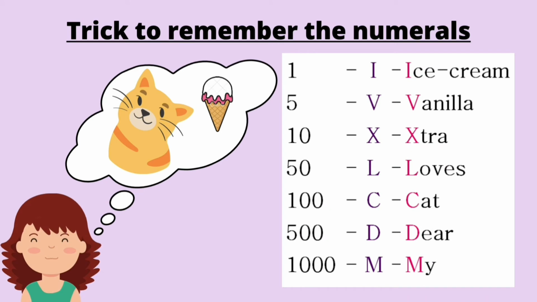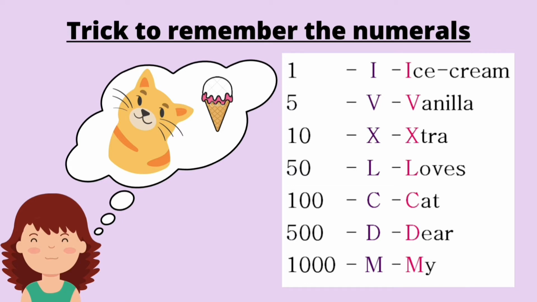Now, how to remember these numerals? Well, there is a trick in the form of a statement, and the statement is read from bottom to top: my dear cat loves extra vanilla ice cream. So, you can see that the initials of the words represent the values 1, 5, 10, 50, 100, 500 and 1000.